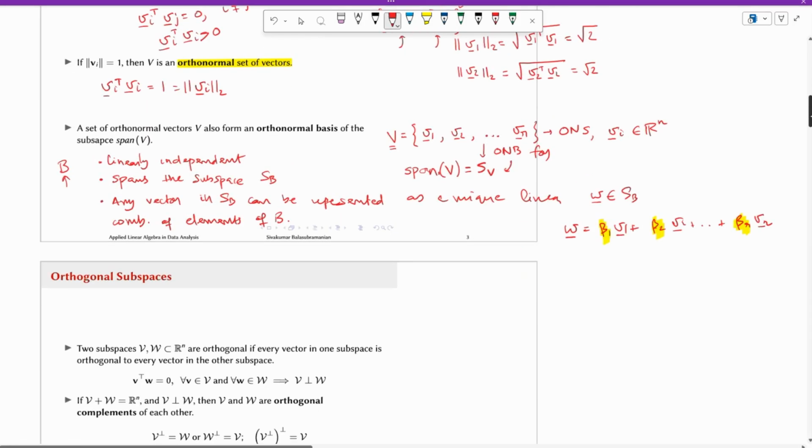Okay. So the point I was trying to make was if you have an orthonormal set of vectors, then that set is also an orthonormal basis for the subspace, which is the span of the original set V.